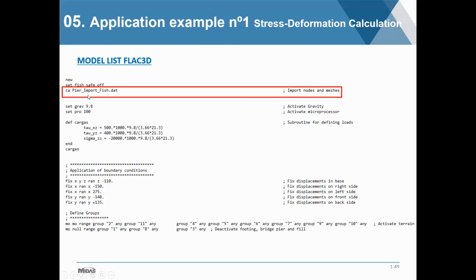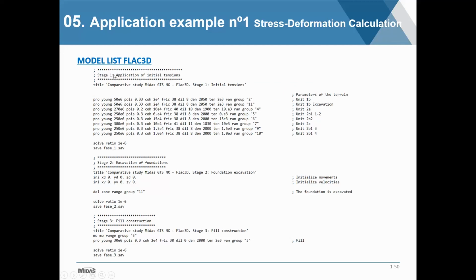The first thing that this does is it calls for the dat file that is for importing the 3D meshes that we just covered, and then it goes into starting to assign everything that the model needs: the gravity load, the loads that would be assigned in the x, y, and z directions, as well as applying boundary conditions for fixing the displacements in all the directions, and then starting to assign the groups and the materials for each stage.